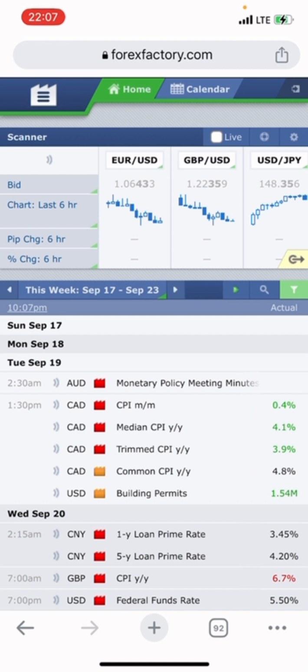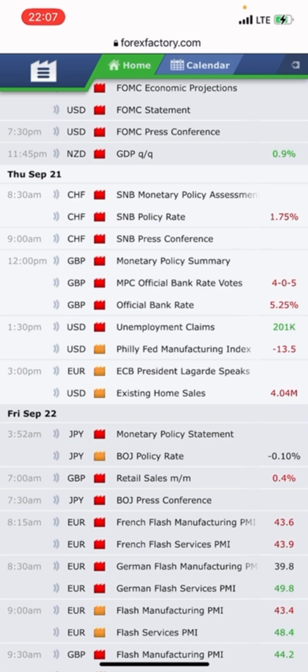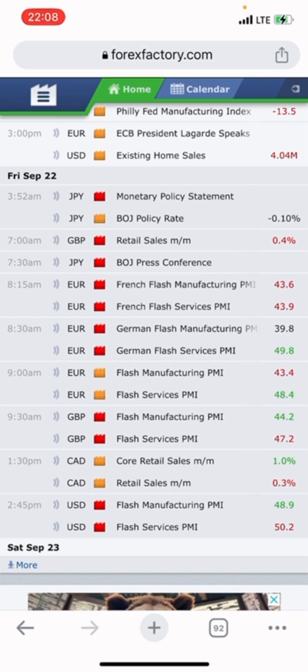These indicators include GDP, gross domestic product, interest rates, inflation rates, employment data, and other macroeconomic factors. Traders analyze these indicators to assess the health of economies and make informed trading decisions.